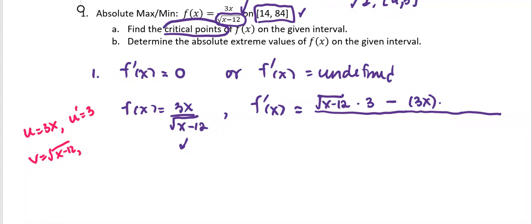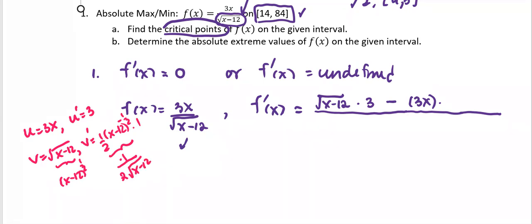That's simple enough. So v prime, from x minus 12 to the power 1 half, is 1 half times the quantity x minus 12 to the power negative 1 half, multiplied by 1. And simplify: a negative power is the reciprocal of the positive power, so v prime is 1 over 2 times the square root of x minus 12.